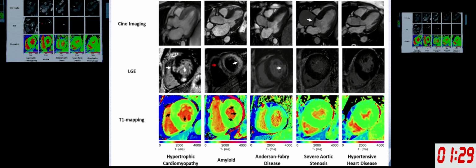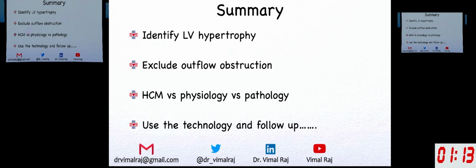So, in summary, identifying LV hypertrophy is number one, which I think if you go through a stepwise process, you will be able to do. 13 millimeter is the ballpark figure, at end diastole, which is important. Second, look and see if there is any outflow tract obstruction along the entire outflow tract. Third, you have to say, is this hypertrophic cardiomyopathy or is this physiological?